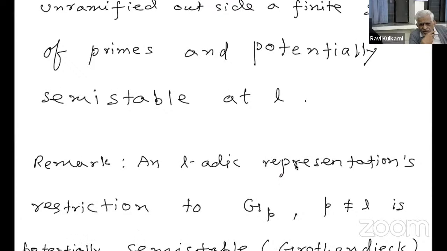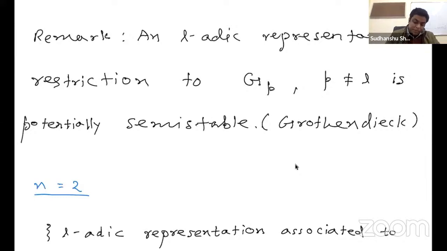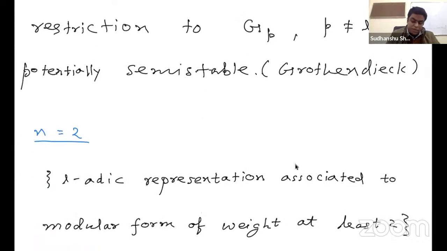What is semistable? Yes, that's right. I'll not define it in great detail, but of course at l, if you want to define semistable, it requires one of those rings defined by Fontaine. But away from l, we will be looking mostly at two-dimensional representations. So you can take representations of this kind.